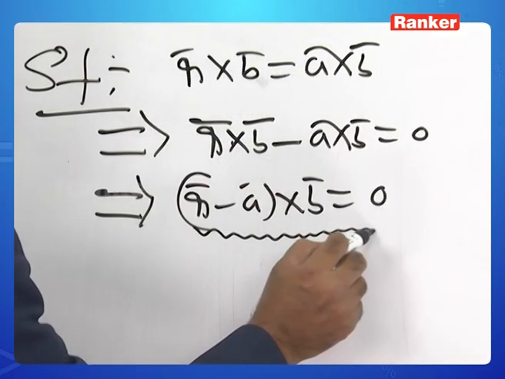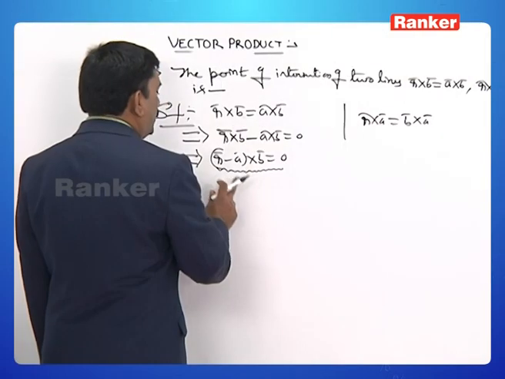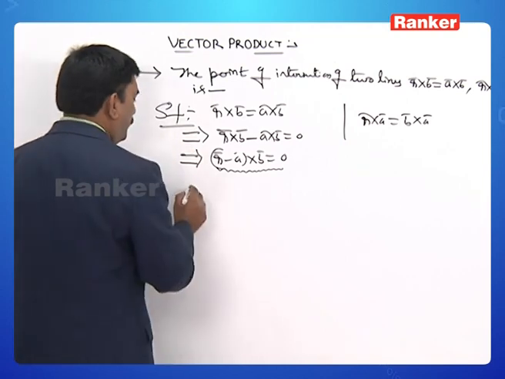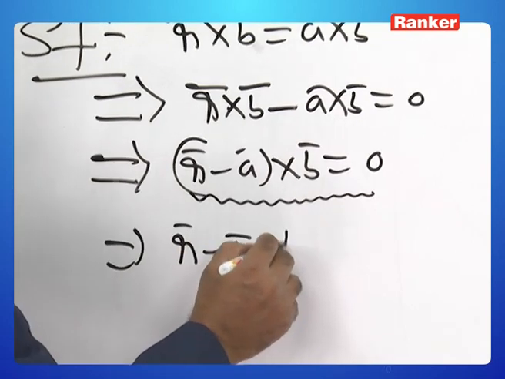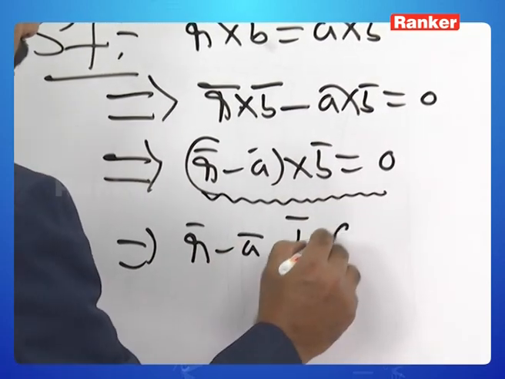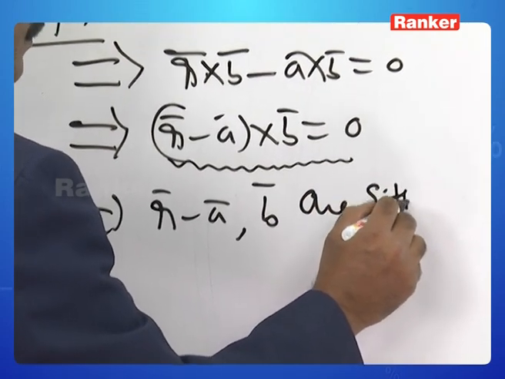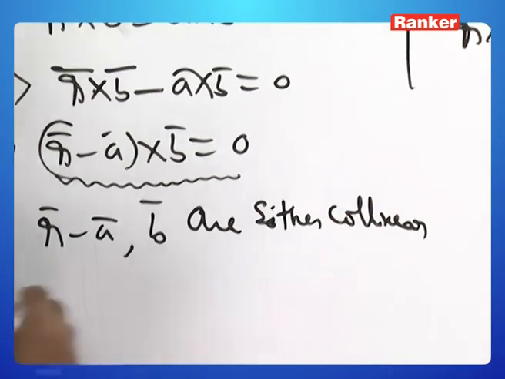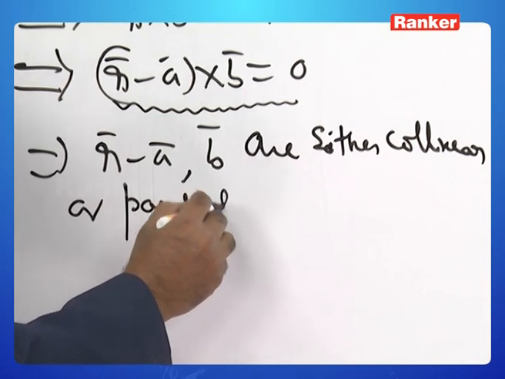Whenever the cross product of any two vectors is equal to 0, either they are collinear or parallel. So R bar minus A bar and B bar are either collinear or parallel vectors.